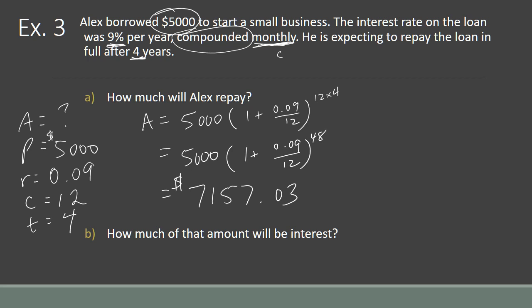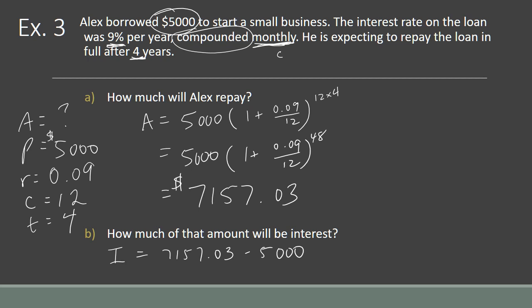How much of that amount will be interest? So we're adding a part B here. That's how much he has to pay back in 4 years. How much of that is interest? Well, if he borrowed $5,000 and he had to repay that, how could you figure out how much of that was interest? Well, we could say I for interest is the amount that he paid back minus his loan.